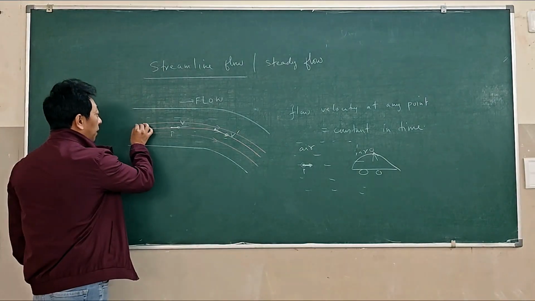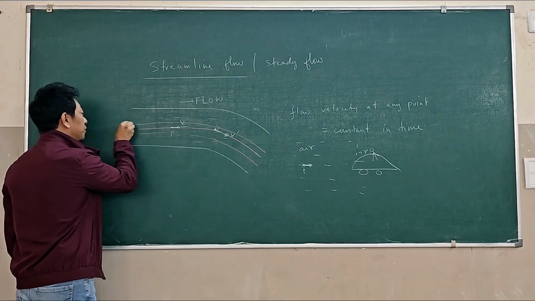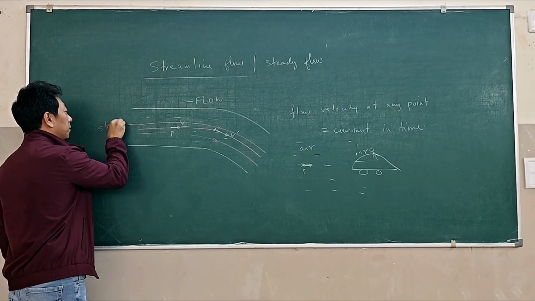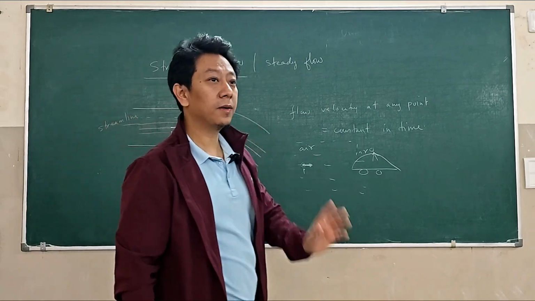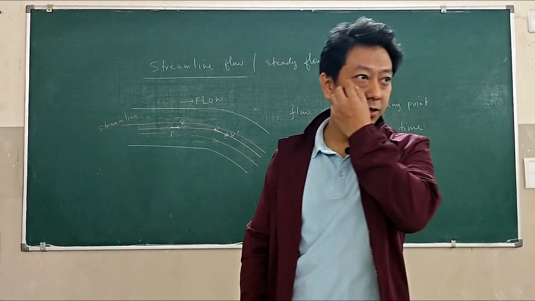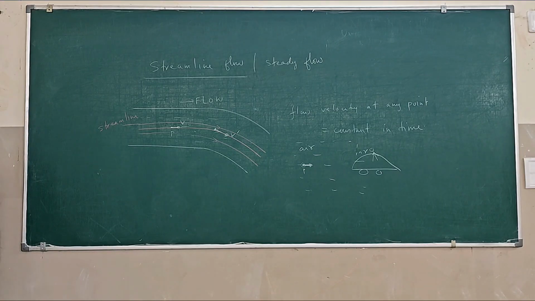So the path followed by a fluid element, that path is what is called streamline. The path followed by a given element of the fluid is called streamline. Some properties of streamline you should know.